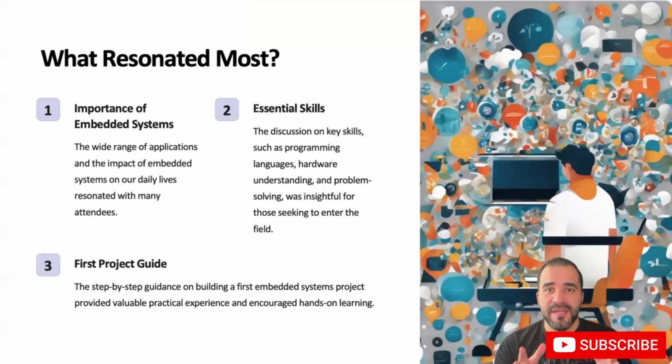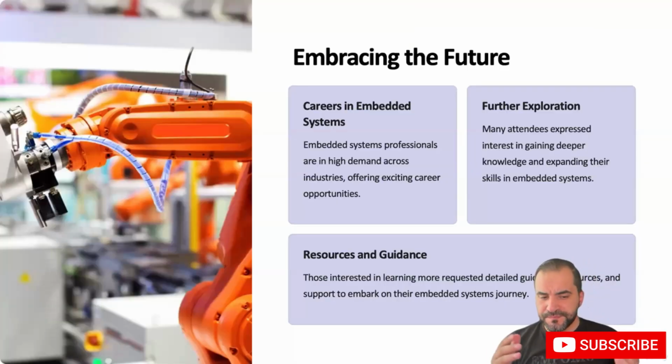And these are the three main skills that you need to aim for. First, project guide. The step-by-step guidance on building a first embedded system project provided valuable practical experience and encouraged hands-on learning. Now, you need to embrace the future. Everyone will tell you this, and I'm telling you this also.